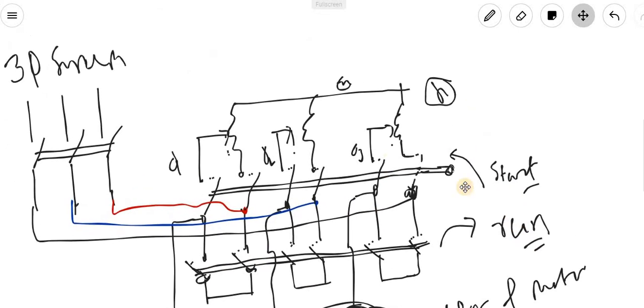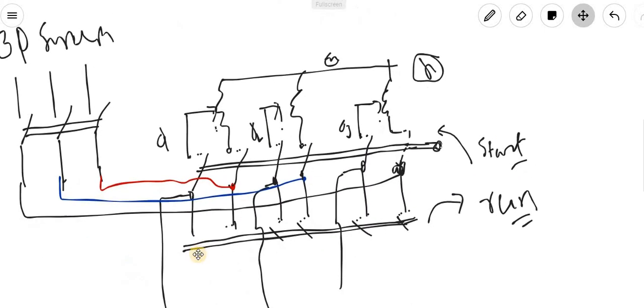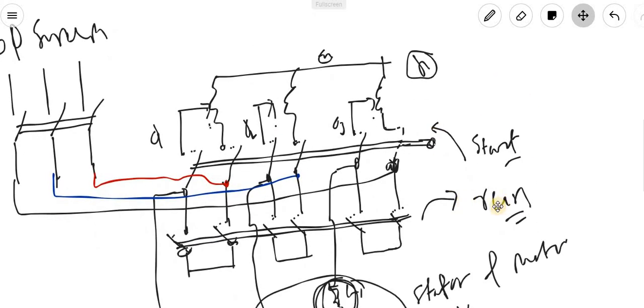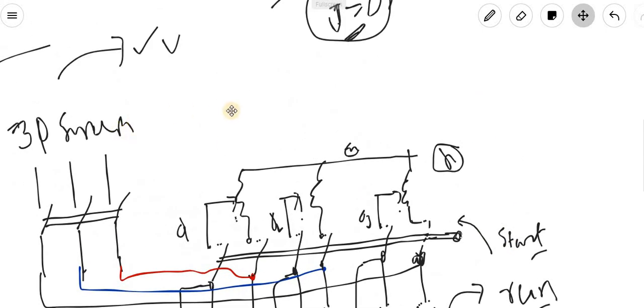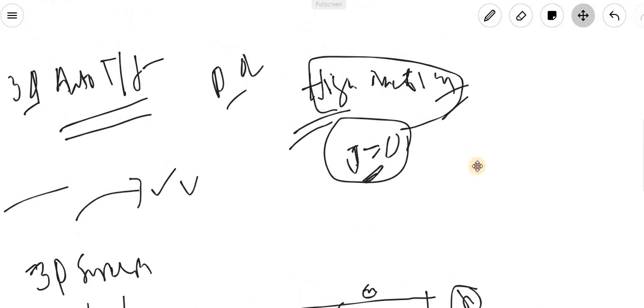This connection is for the autotransformer for starting purpose, and this would be for the running condition, then the autotransformer will be isolated. So once the start has happened and it is settled, there is no need of the autotransformer. Only in the starting case do you require the autotransformer to limit the starting current.